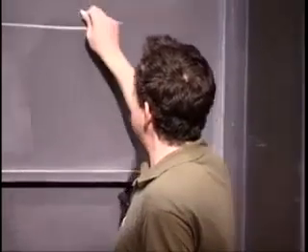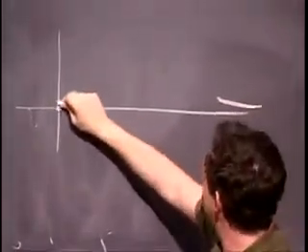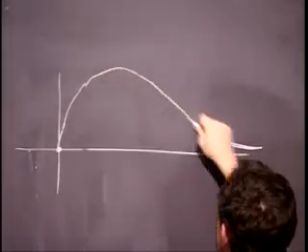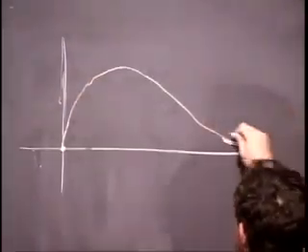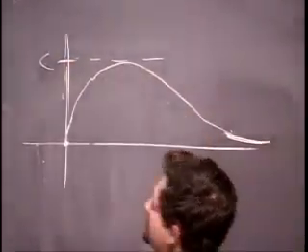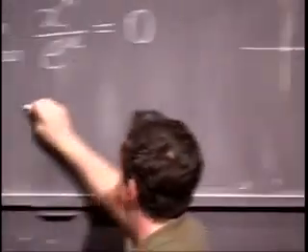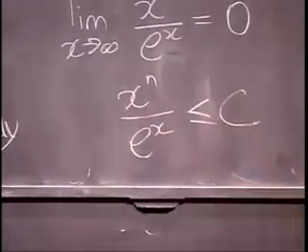Now, the point is that this function has to do this. I don't know what it does. It can't get too high, though. It's got to go up and then down because of this. So there's some c that it's less than. So x to the n over e to the x has to be less than or equal to c.